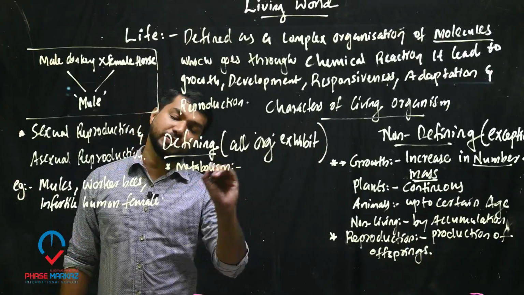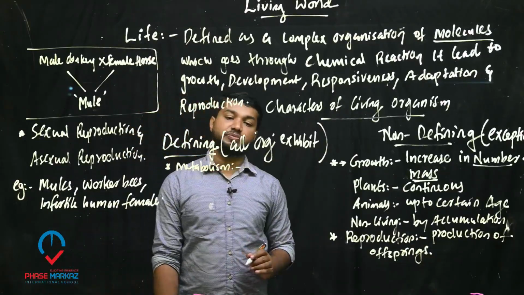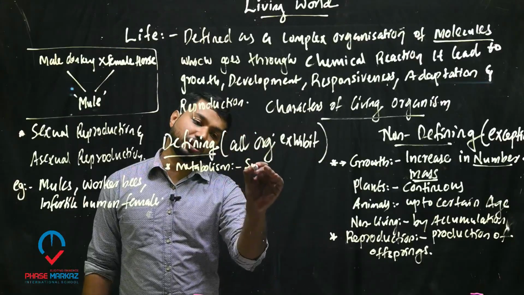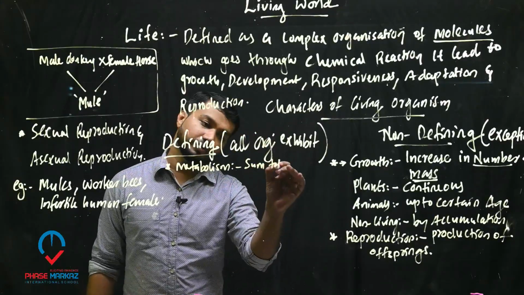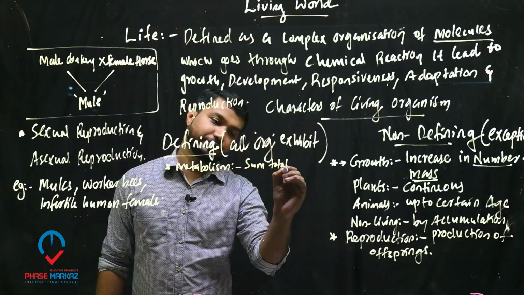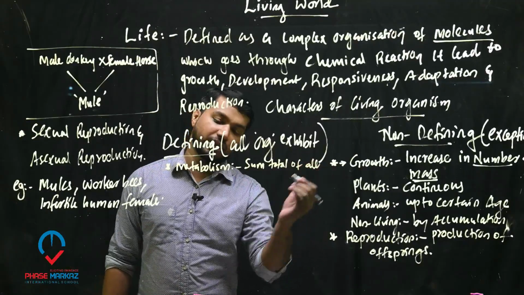Metabolism. What is metabolism? The definition of metabolism: the sum total of all chemical reactions taking place in living organisms.